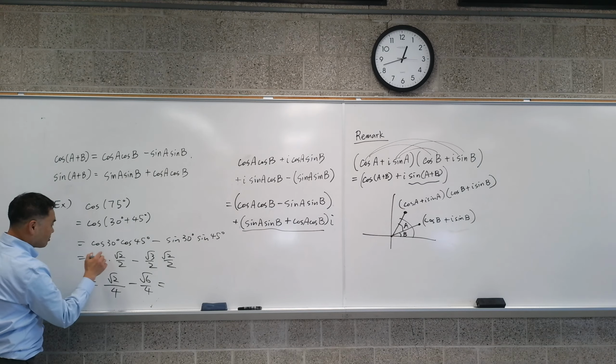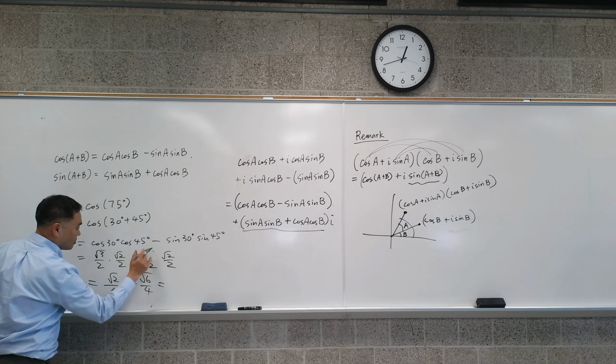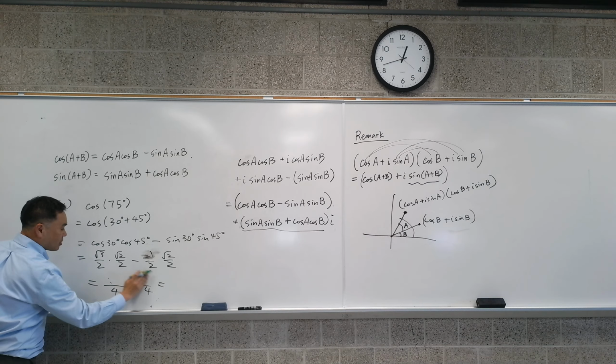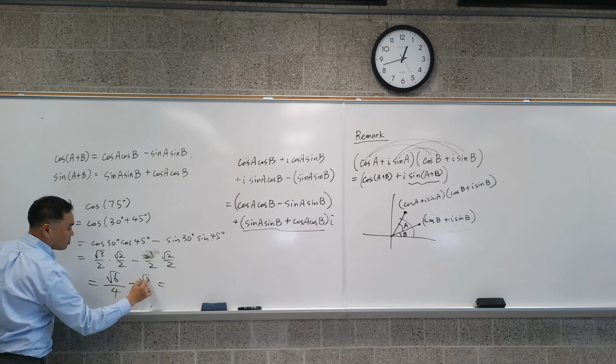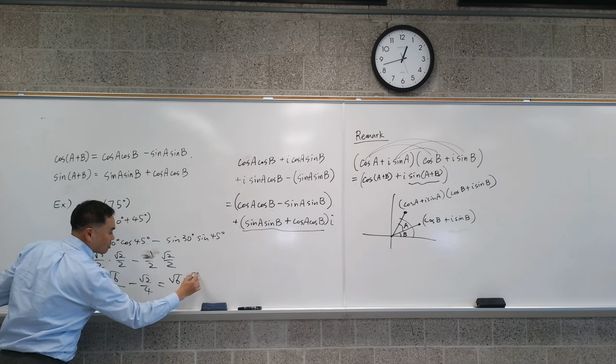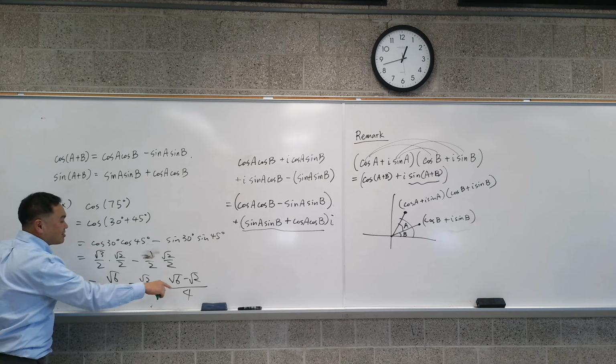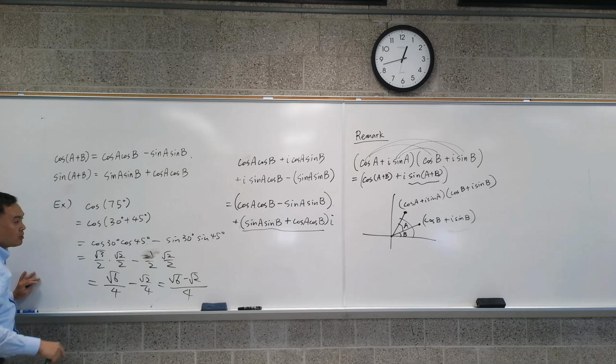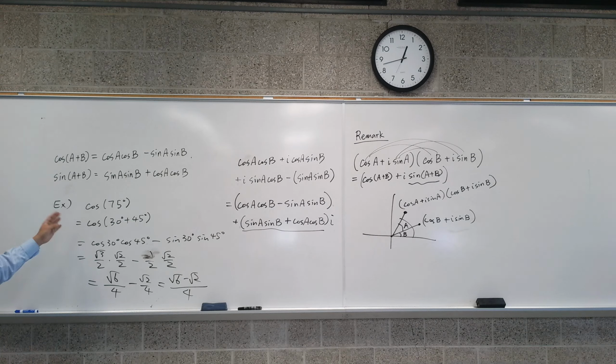I got this confused. This is this. So you're going to end up with square root of 6 and square root of 2. So you get square root of 6 minus square root of 2 over 4 as the exact value of cosine 75 degrees.